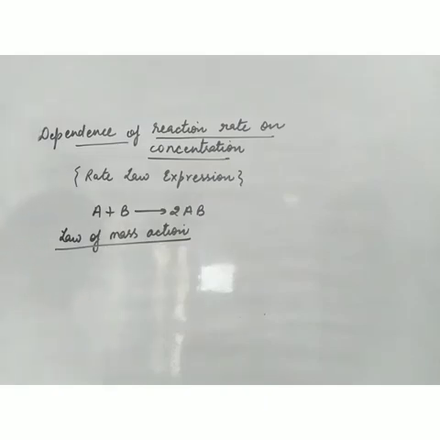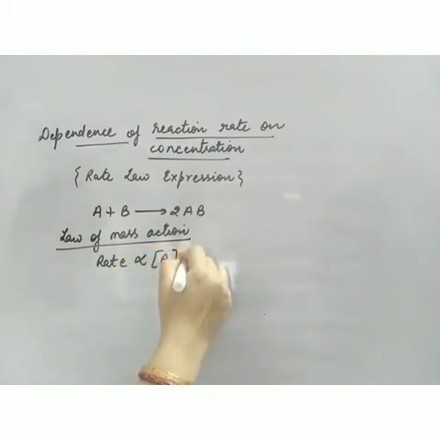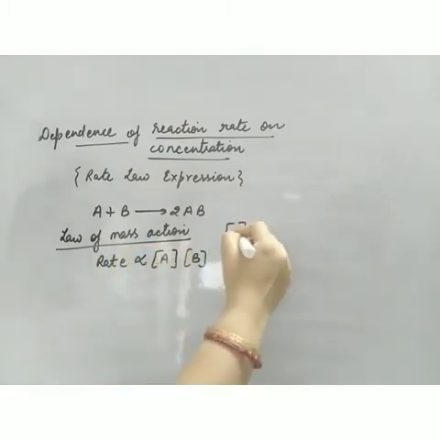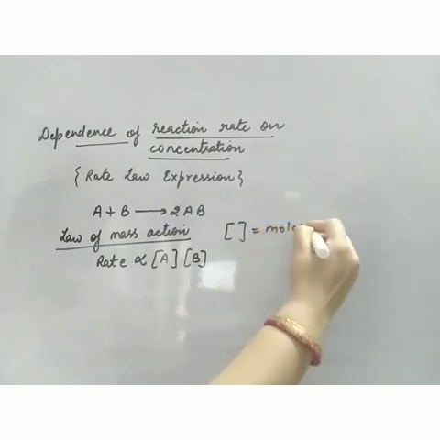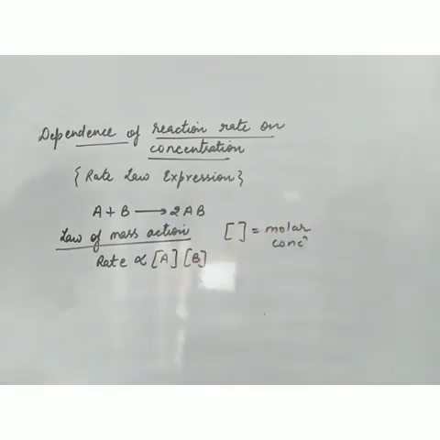According to law of mass action, the rate is proportional to concentration of A and concentration of B. Now what does this square bracket indicate? It indicates molar concentration. Okay, this is in accordance with law of mass action, that rate is proportional to the product of concentrations of reactants. Suppose if 3 reactants are there, we'll write 3. 1 is there, we'll write 1, like this.